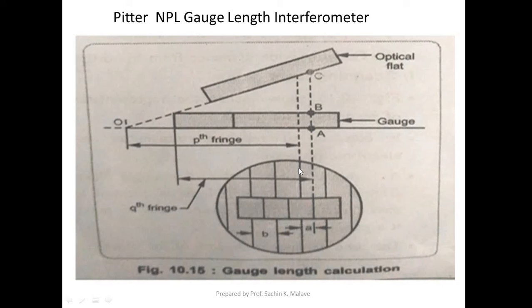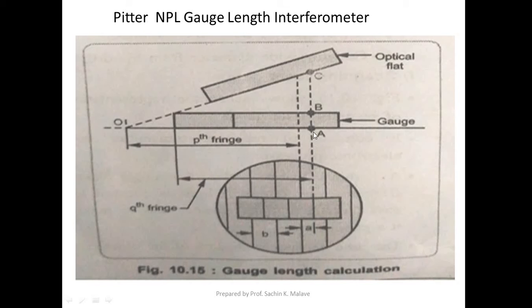So it is a by b. This is the pth fringe. So if you take the distance from here to here, it will be p plus a by b fringes, isn't it? So n corresponding to this point A is p plus a by b.